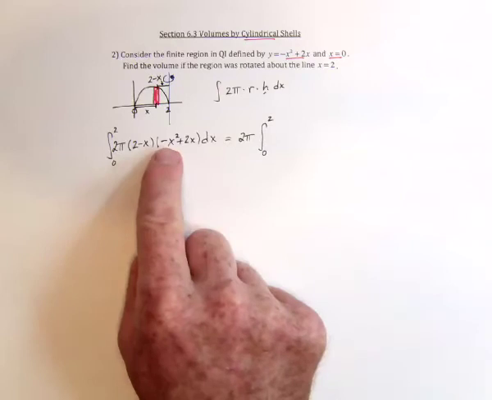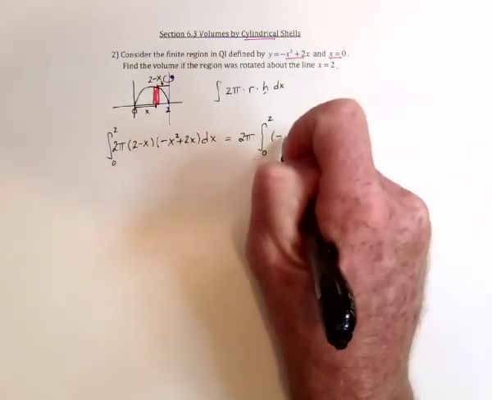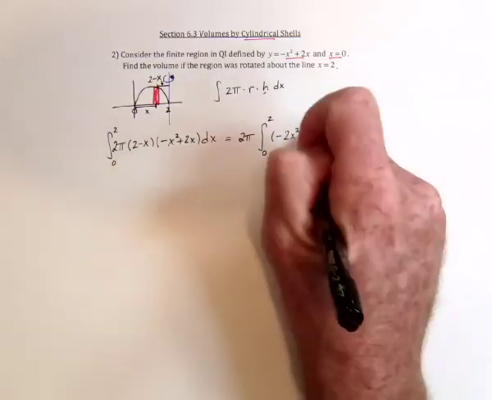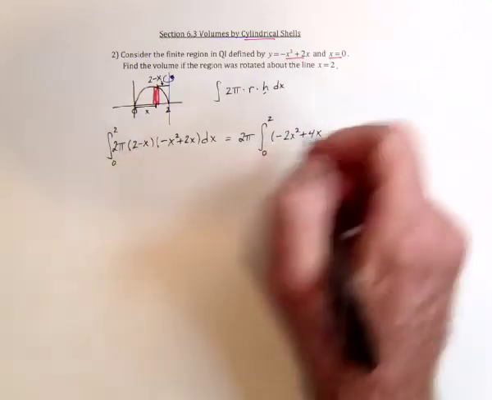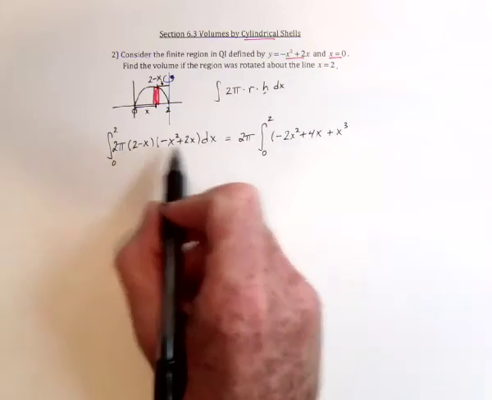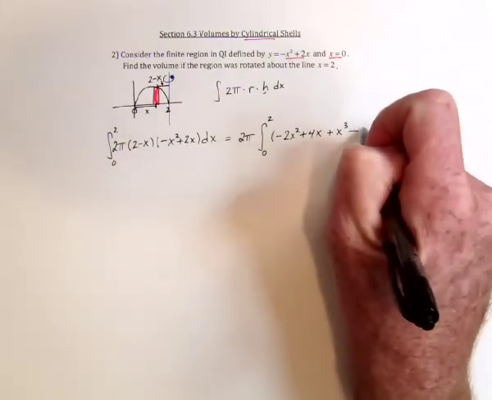So we'd have a 2 times this, so negative 2x squared. We'd have a 2 times that is positive 4x. This times this would be positive x cubed. And then the last one times the last one is negative 2x squared.